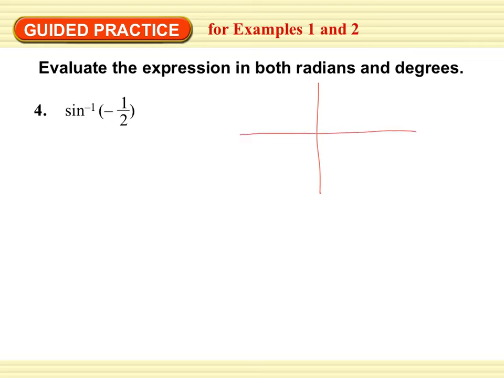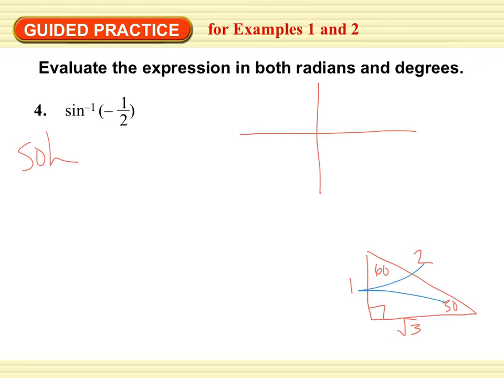1/2 is in my 30-60 degree triangle. Let's see how many of these I've drawn today. 30, 60, 90. One half, sine is opposite over hypotenuse. So I can say opposite over hypotenuse is 1/2.